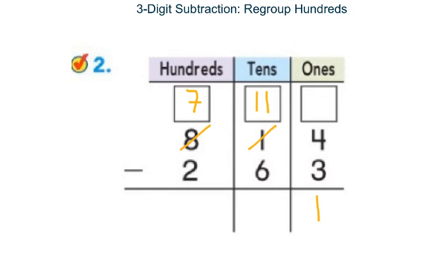Let's count from 6 till 11. 6, 7, 8, 9, 10, 11. That gives us 5. Now we subtract in the hundreds. 7 minus 2. We count from 2 till 7.